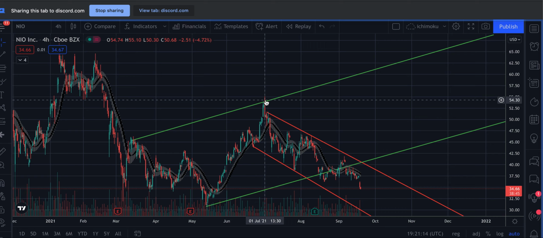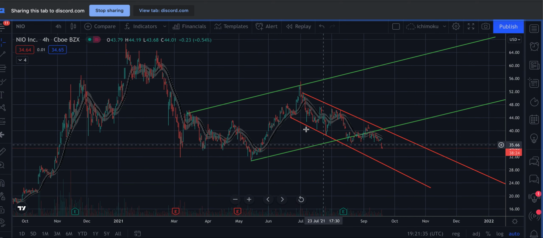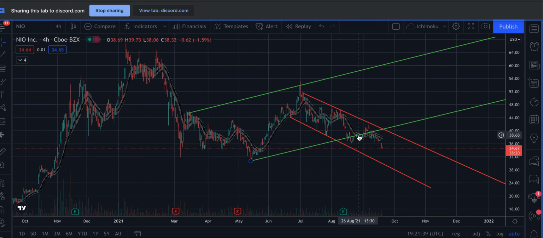It tested and it didn't break on that 4-hour chart, because if it had broken on the 4-hour chart, then it would have had a new candlestick right here and would have continued the uptrend, but it didn't, so it started going down. This is the reason why I draw the downtrend right here, because now it's doing a downtrend. Because if you see from here, this was supposed to be the support area somewhere around the 48.